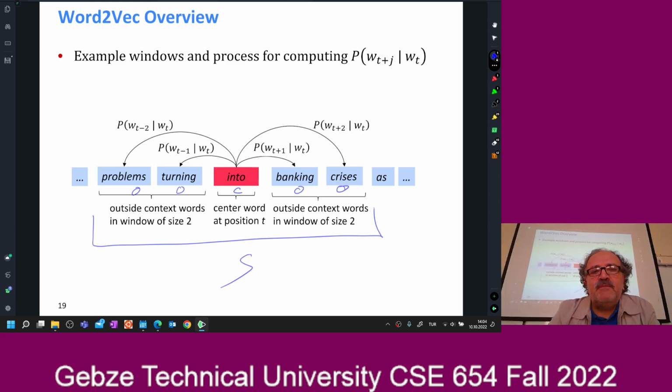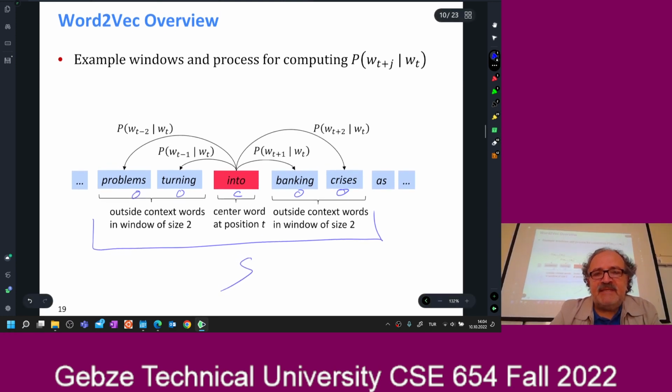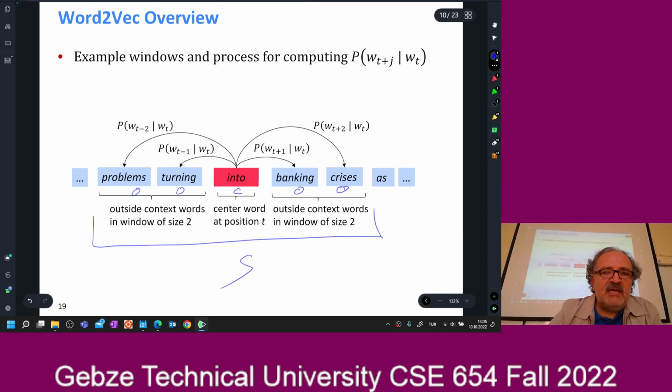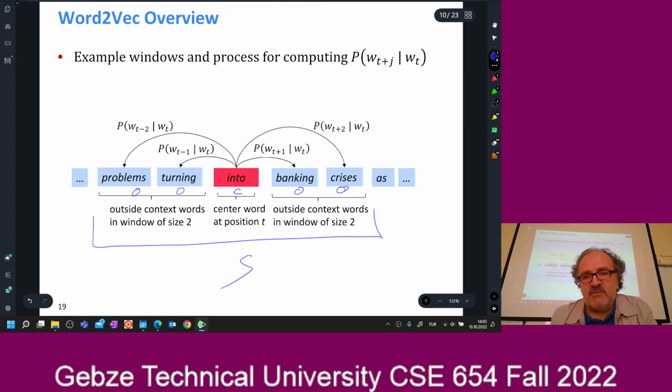So this probability says that given WT is this one, into, what is the probability that I will observe this word banking? Can you calculate it? Conditional probability. Given WT, what is the probability of WT plus 1? This is a typical straightforward probability calculation.